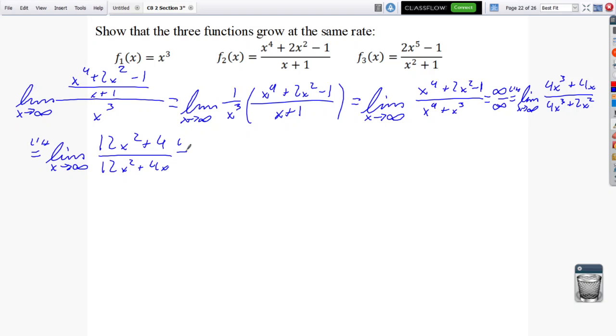L'Hopital again. Limit x approaches infinity of 24x over 24x plus 4. Almost there. One more time, L'Hopital-ing again. Limit x approaches infinity, 24 over 24, which is equal to 1.